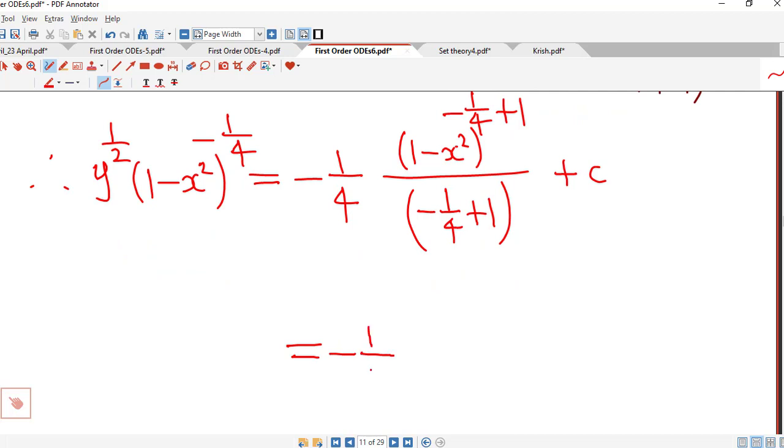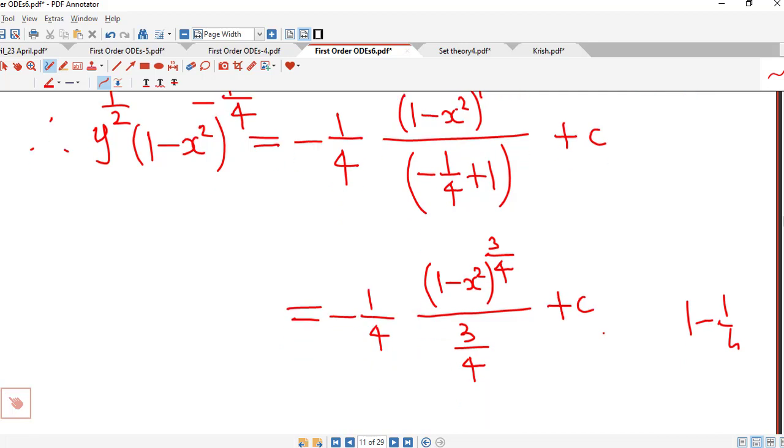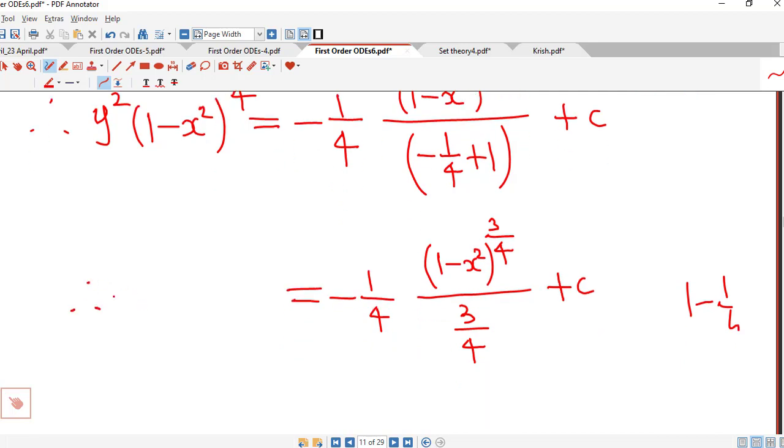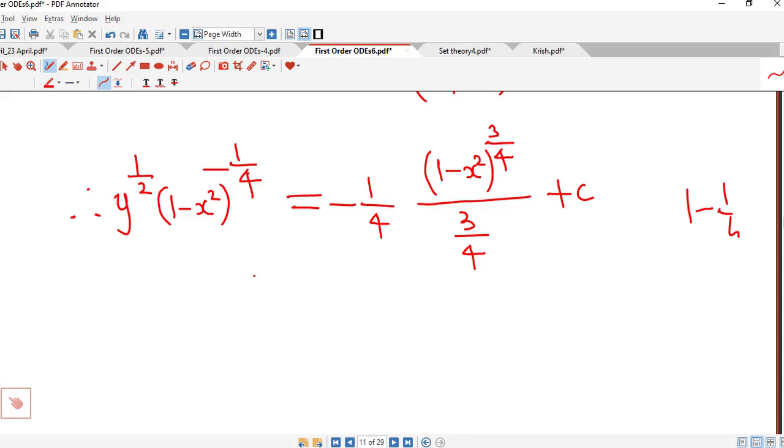and this we can rewrite as, the denominator is going to be 1 minus 1 by 4, that is 3 by 4, and here we have (1 minus x square) raised to 3 by 4 plus c, and the left hand side is y raised to 1 half times (1 minus x square) raised to minus 1 by 4.